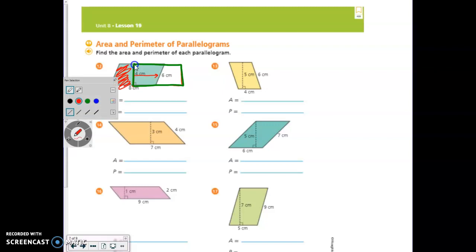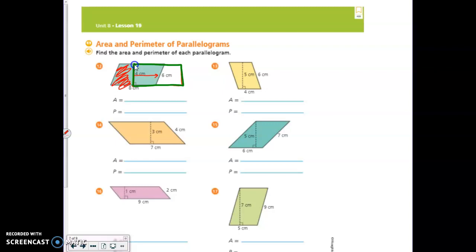All right, and in doing that, we now know that we've surrounded that 6 centimeter angled line on the inside of our shape, and so we can determine that that angled side doesn't factor in to finding the area of this parallelogram.